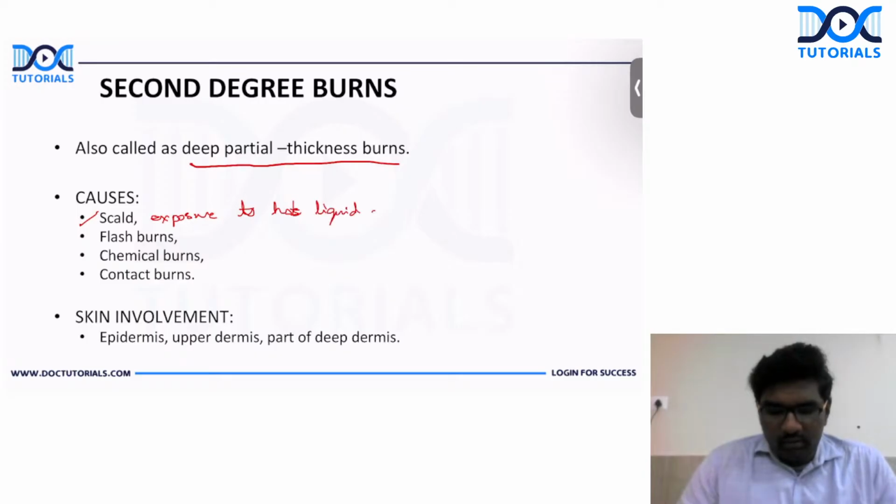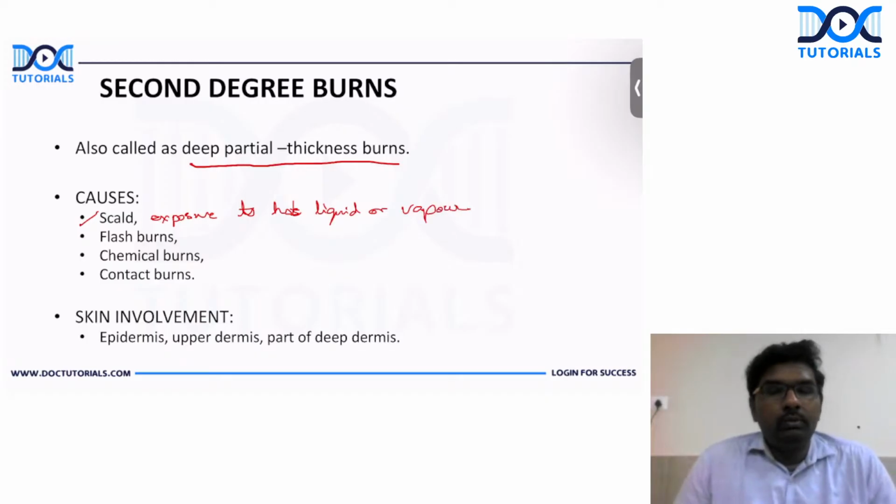Of course, we all know vapors have a higher chance of producing severe injury than hot liquids. Second degree burns can also be caused by flash burns, chemical burns, and sometimes contact burns. Contact with any hot or cold substance can cause contact burns.